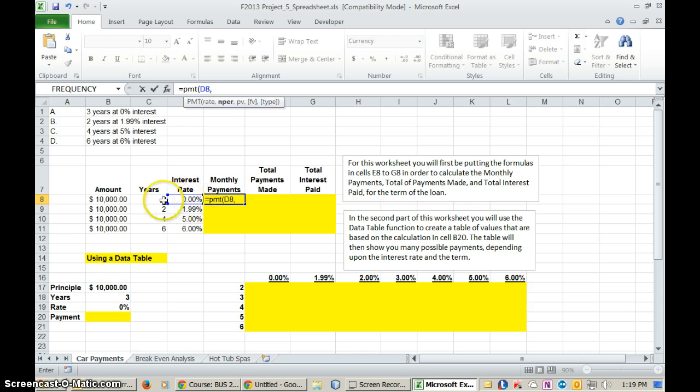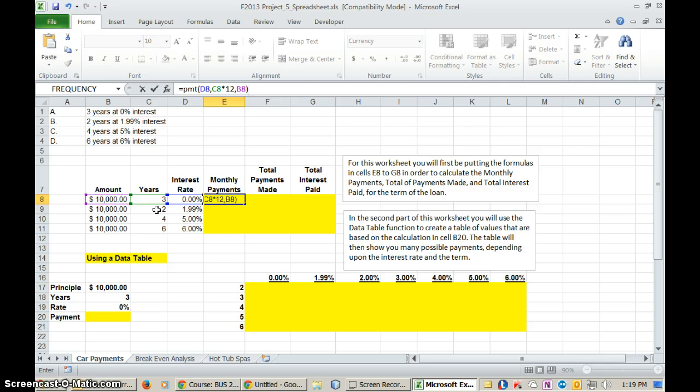and our number of periods is here, and it's expressed in years. So if we're figuring out a monthly payment, we actually have to multiply that by 12 to make it 36 months. And then finally we highlight B8, which is our principal amount.